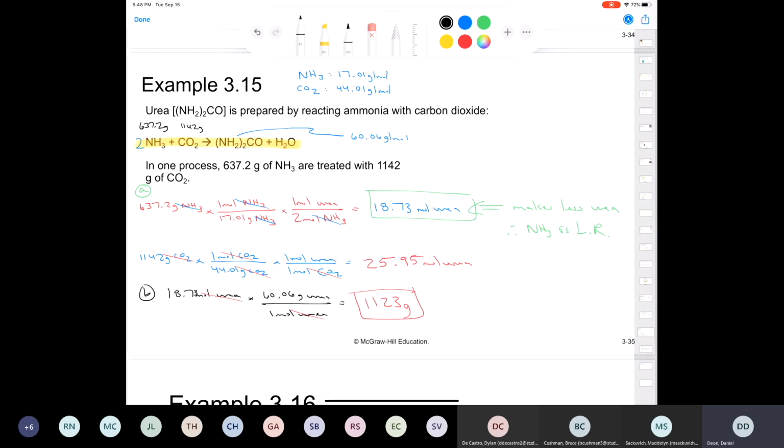All right, good enough. And then the last question asks us, how much excess reagent in grams is left at the end of the reaction? Well, if I'm consuming all of my ammonia, all I have to do is work out how many moles of carbon dioxide I would use up, right? Let me write it here.